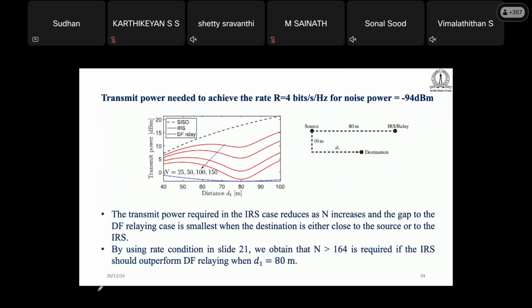Yeah, in this case, we have provided the transmit power, and then if you change the source, and this is a destination, and IRS and relay. So if we come to this direction, this is 10 meters D1, but the relay is 80 meters, and this path is not given.